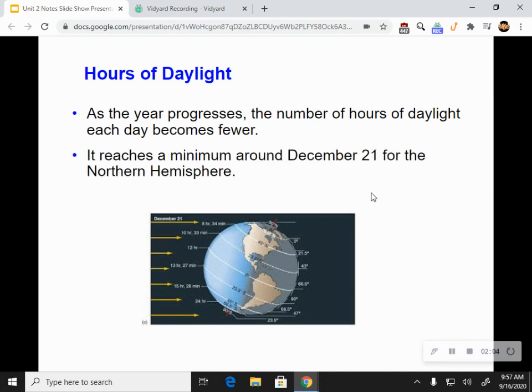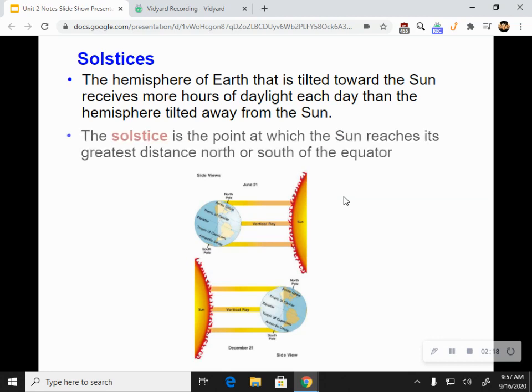As the year progresses, the number of daylight hours becomes fewer and fewer. They reach a minimum at our winter solstice, and then a maximum at our summer solstice. So our solstices are when the hemisphere of the Earth is tilted towards the sun, it receives more, and when it's tilted away, it receives less.